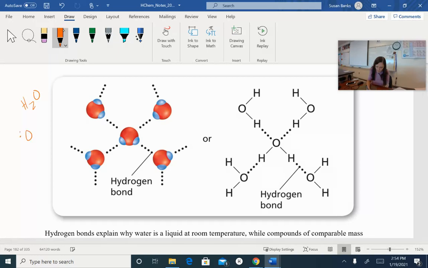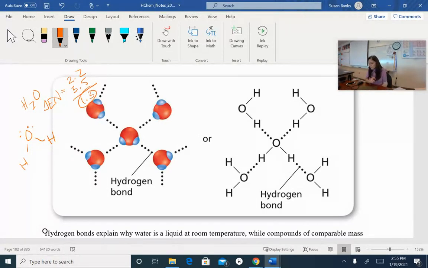Definitely, we've got our lone pairs here on the oxygen. We've got our hydrogens. Now, if I look at the electronegativity difference between oxygen and hydrogen, hydrogen is 2.2 and oxygen is 3.5. So this gives me a difference of about 1.3, which is pretty high.